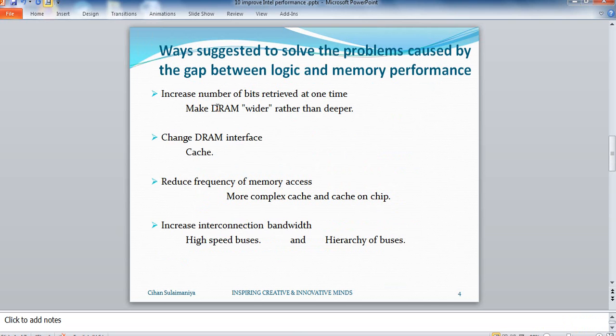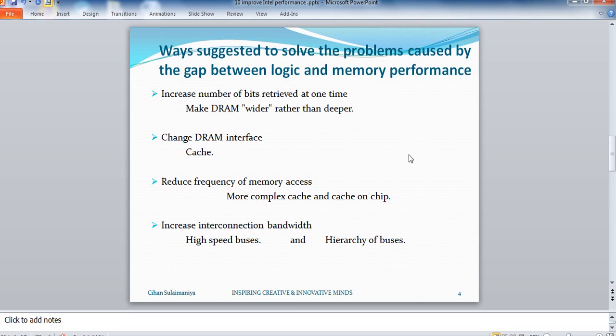One of these suggestions: increase the number of bits retrieved at one time. By making the dynamic RAM, or random access memory, wider rather than deeper, when you make it wider, you will have more slots coming from the motherboard to the RAM, so you will have more instructions, more information.